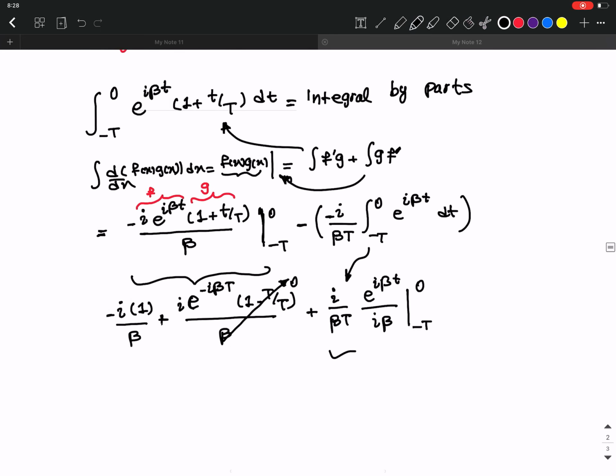So this is going to give me 1 over beta squared t times, these i's are going to cancel out, e to the i beta times 0 minus e to the minus i beta t, right?